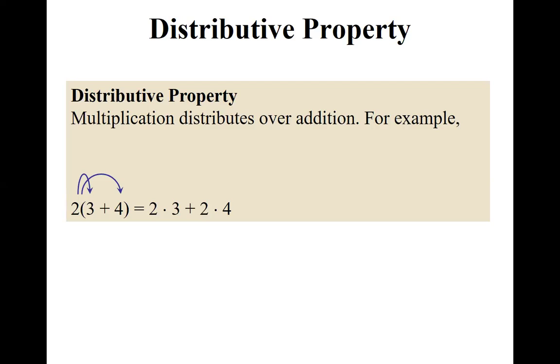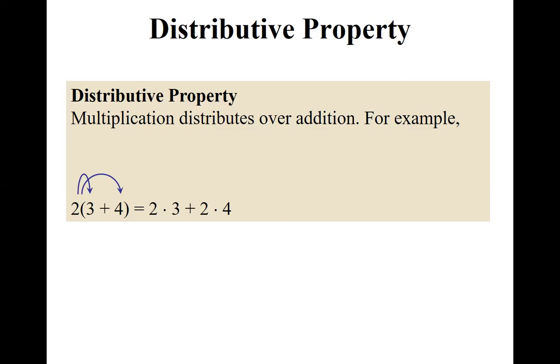So if we have a 2 times in parentheses a 3 plus 4, for example, that's the same as taking the 2 times the first thing and adding the 2 times the second thing. So 2 times the quantity 3 plus 4 is the same as 2 times 3 plus 2 times 4.